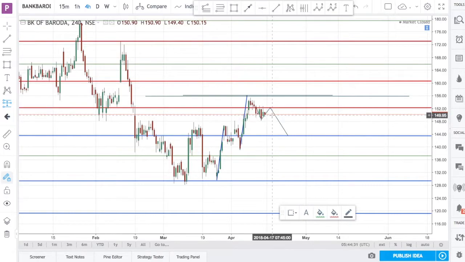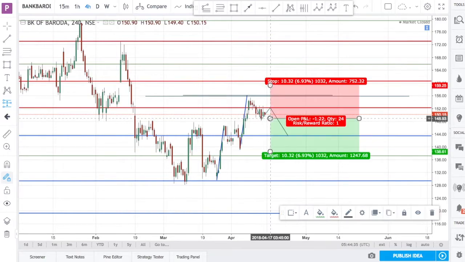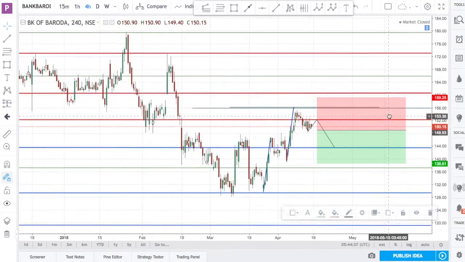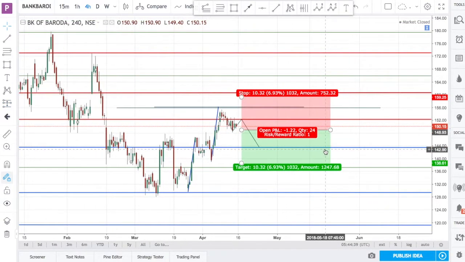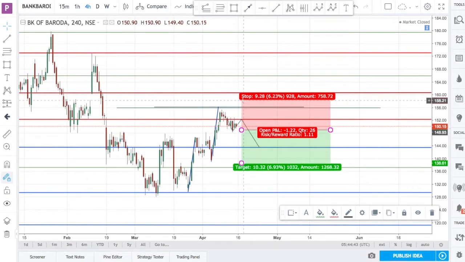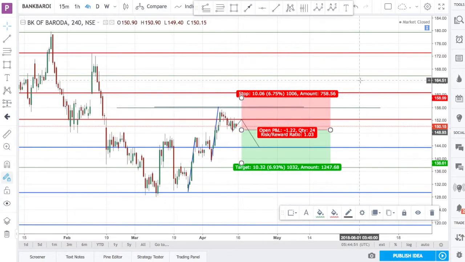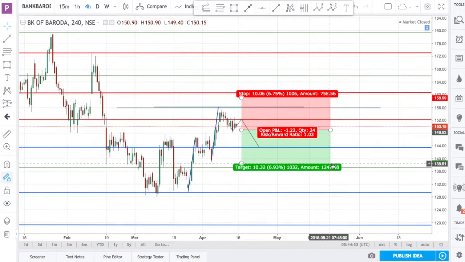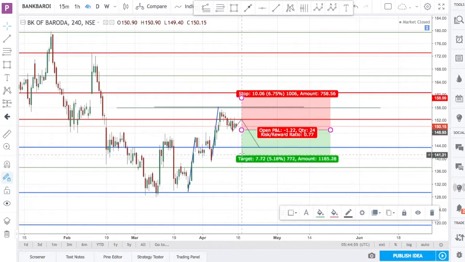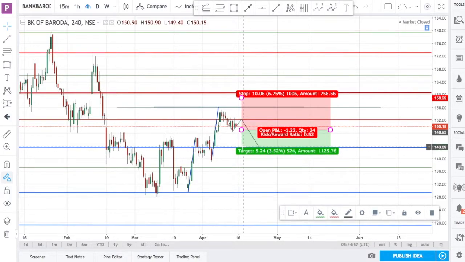Assuming the market opens somewhere here in the next trading session, we can keep our stop loss just above. We can keep our stop loss here, and our first target would be this.